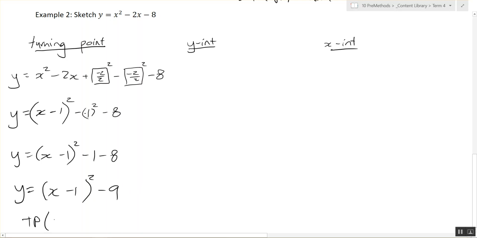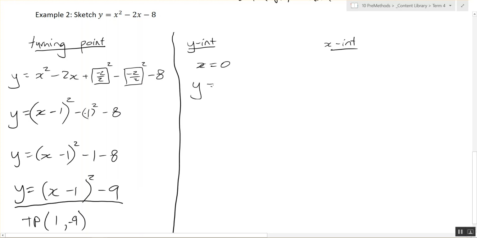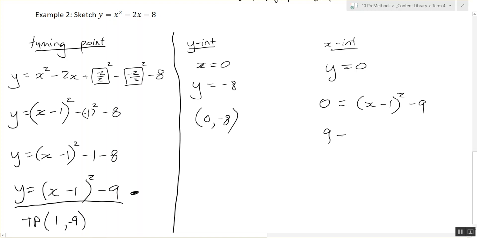So we've got 1, negative 9 from completing the square. So y equals negative 8. So we bring this over here, 9, like that.